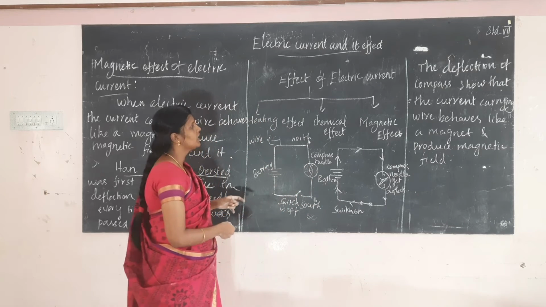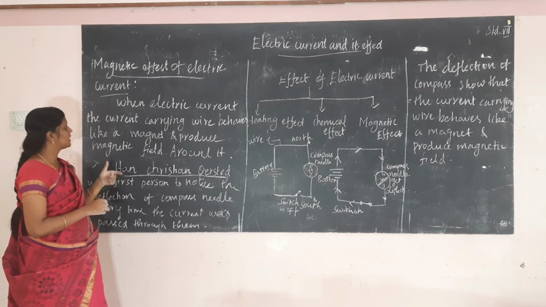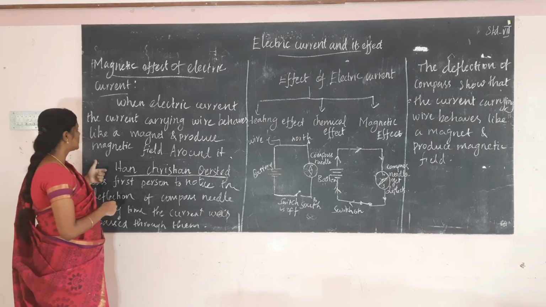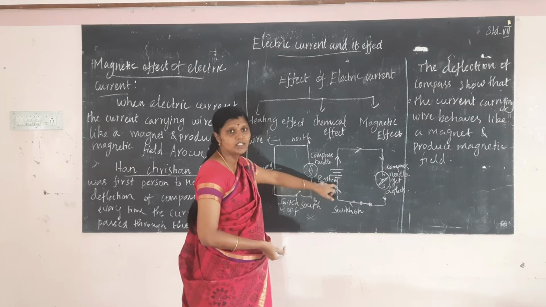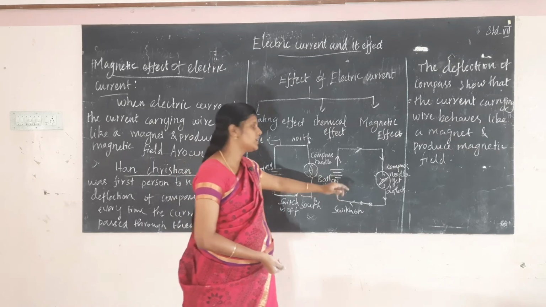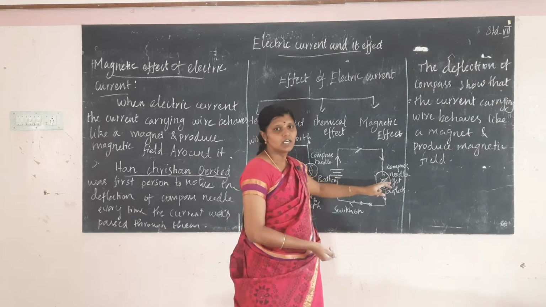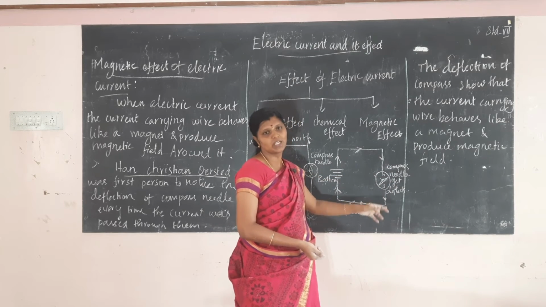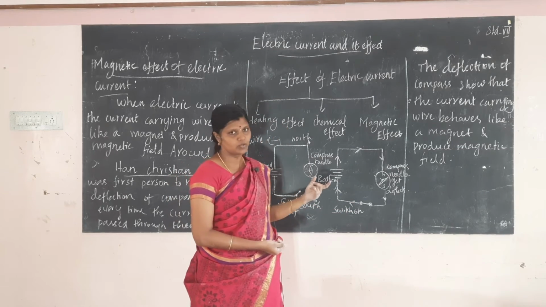What is the magnetic effect of electric current? When electric current flows through the circuit, the current carrying wire behaves like a magnet. In this example, the magnetic compass gets deflected because current flows through the circuit, the wire behaves like a magnet, and a magnetic field is produced around it.